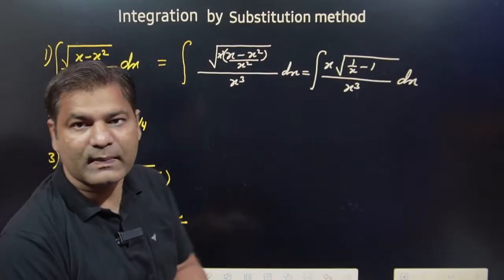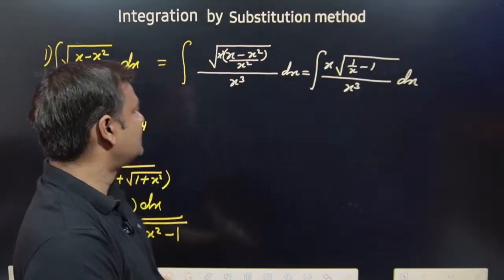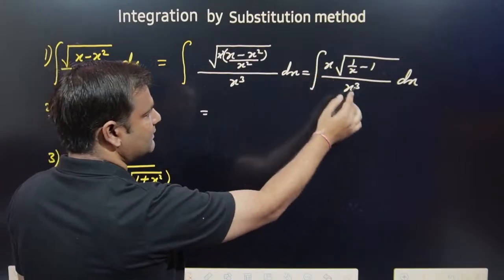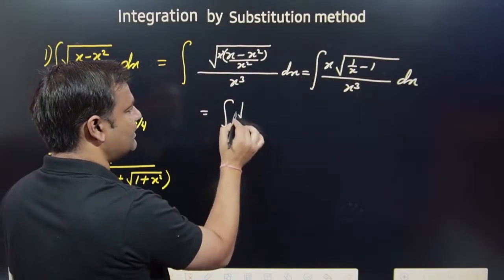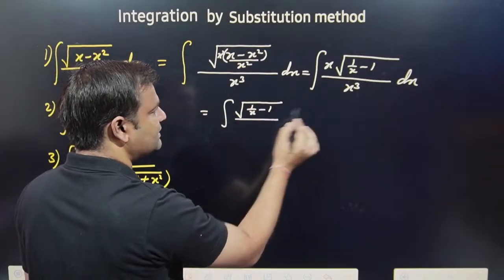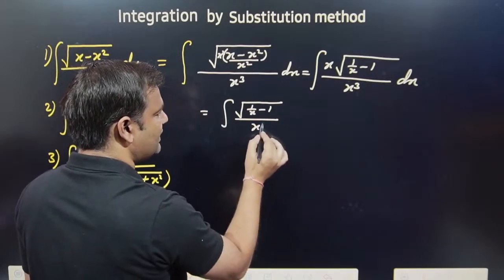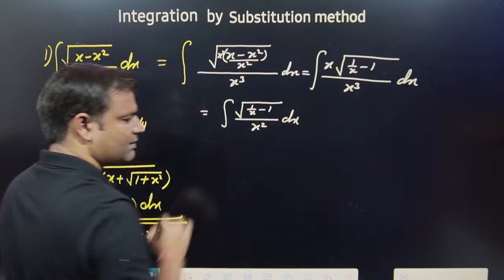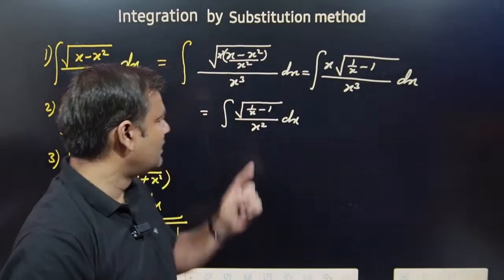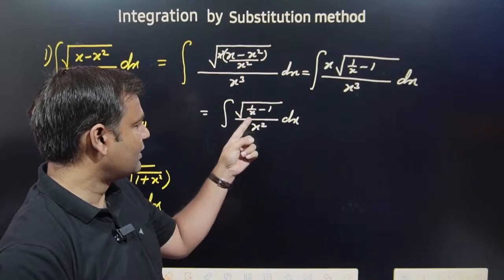Okay. Now after that, look here very carefully. This is written simply as root of 1 by x minus 1 divided by x square dx. Which part is very complicated? Simply root of 1 upon x minus 1.